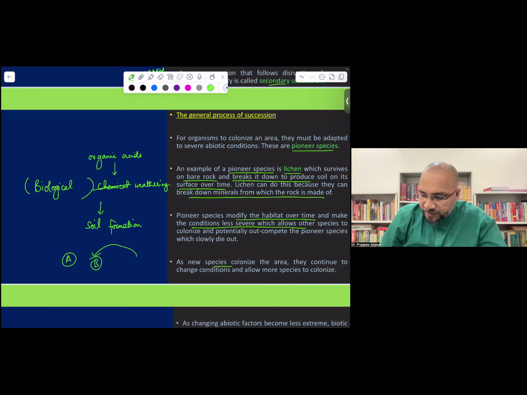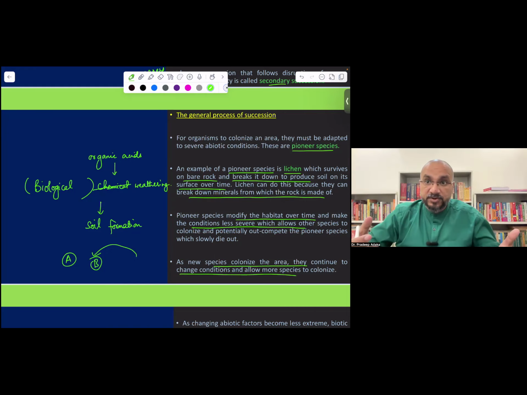So as new species colonize the area, they continue to change the conditions. फिर अब B जो है वो ऑर्गेनिक मैटर ऐड करेगा, सॉइल कंडीशंस को धीरे धीरे चेंज करेगा. It will also change the environment and it will allow another species C to take over.